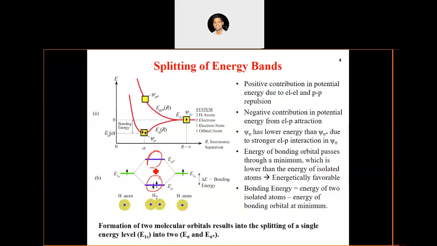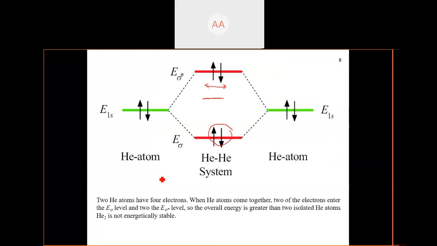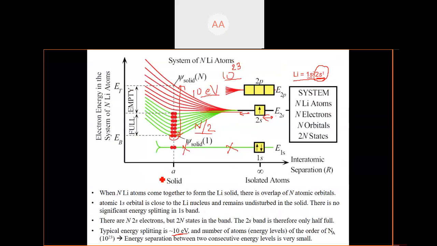This one energy level is completely empty, right? We can still have more electrons in it, but one is fully occupied. Similarly, in this case there are n molecular orbitals or n different energy levels, and only n by 2 of them are occupied by n electrons, and n by 2 are empty states.